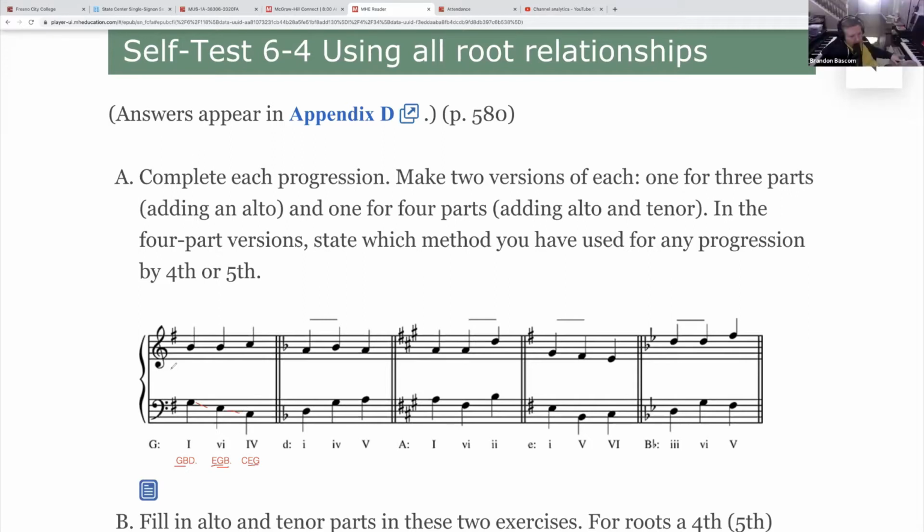All right, so we need a D in here somewhere, and probably want to double the root, yeah? You want to go to the D in the tenor? And the G in the alto? Does that work?